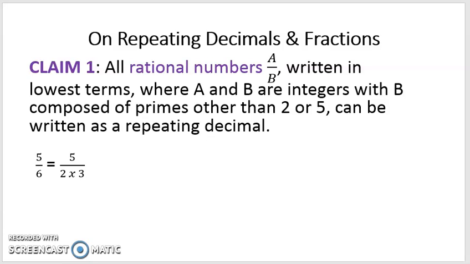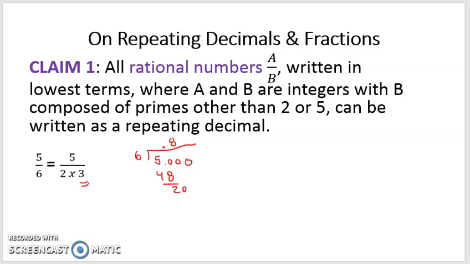So here's an example, 5/6. That would be 5 over 2 times 3. It can't be reduced. 3 is a factor. It's not a 2 or 5, so this would be a repeating decimal. How do you find that repeating decimal? There's a couple ways. First of all, you could do long division. 6 into 5.000. 6 goes into 50 eight times, which gives me 48.